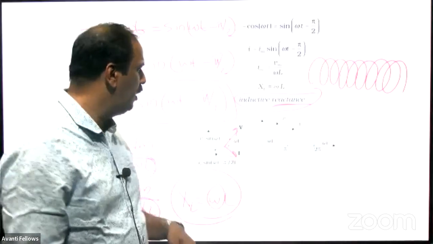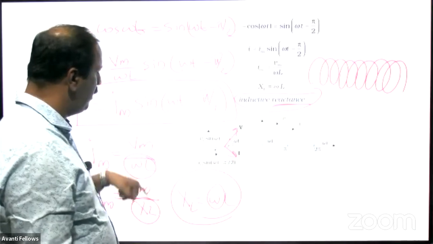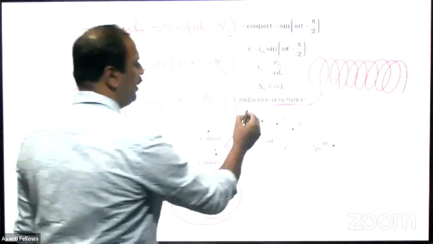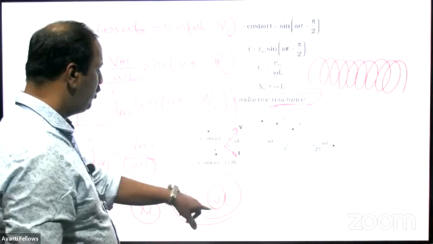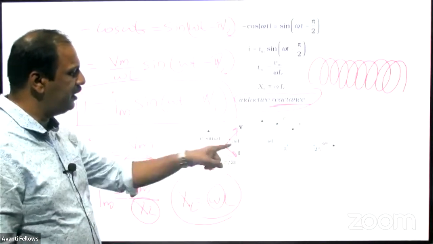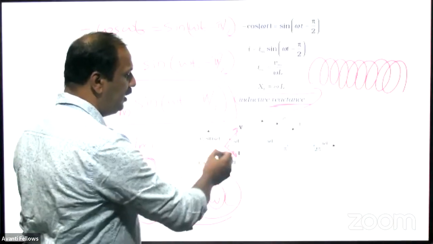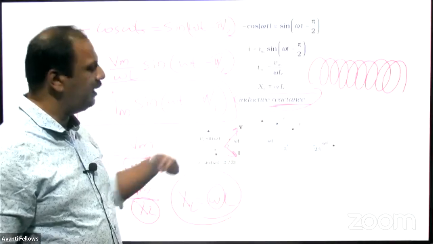based on that one. Okay, so here we were discussing AC applied to the inductor, and we finally reached this inductive reactance. We got XL is equal to omega L, that is the inductive reactance, and this graph also we discussed. Here the main point is in an inductor, the voltage leads and the current lags.